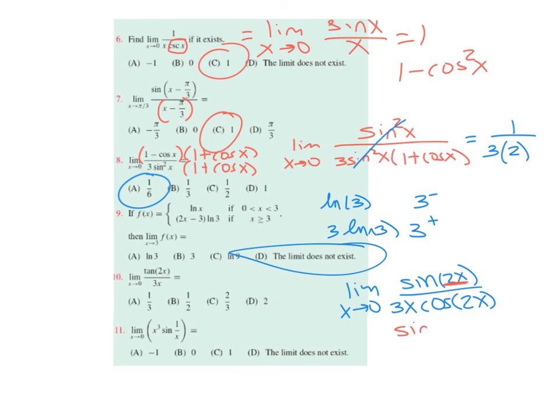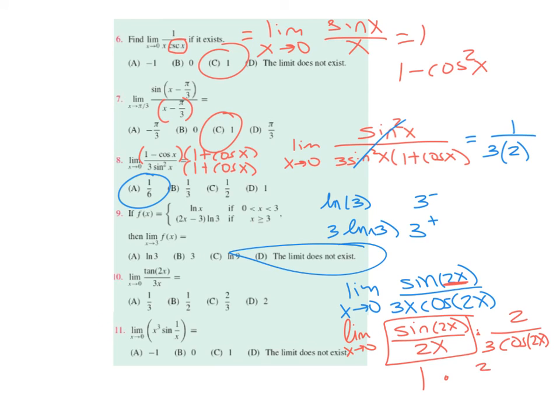So this is sine of 2x over 2x, and then that 3 cosine 2x is over here. Since I multiplied by a 2 on the bottom, I need a 2 on the top. So this is my 1. And then 2 over 3 cosine of 0. So 2/3.